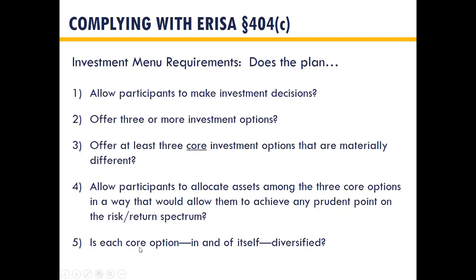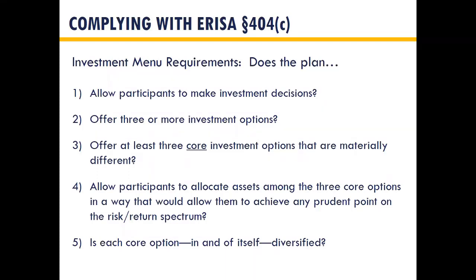And then is each core option in and of itself diversified? Diversified is a little bit subjective in nature, but to give you a big picture sort of overview of what diversified is and what it isn't, if you had 3 investment selections, 3 funds, let's say, and if each of those funds consisted of only 10 core underlying stocks or bonds, that wouldn't be very diversified.